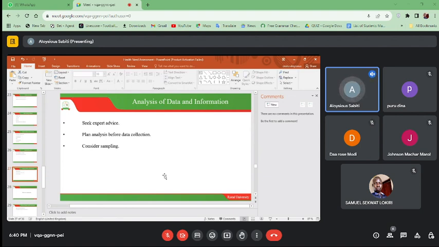Step 2 is to plan analysis before data collection. Before you do your data collection, you should be able to understand, using your framework, what type of data you need, but also how you're going to do the analysis, whether you're going to do quantitative analysis or a narrative one.